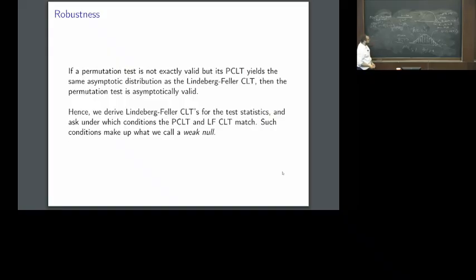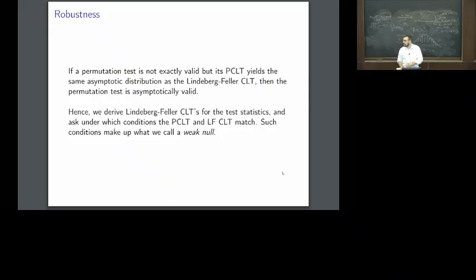So the name of the game for asymptotic validity is to make sure that your randomization distribution, even though I'm not getting exchangeability amongst the permuted test statistic, stabilizes to the true resampling distribution of the test statistic. If I do that, when I pick quantiles from my randomization distribution, I inadvertently pick quantiles from the true frequentist resampling distribution, and therefore I'm valid.